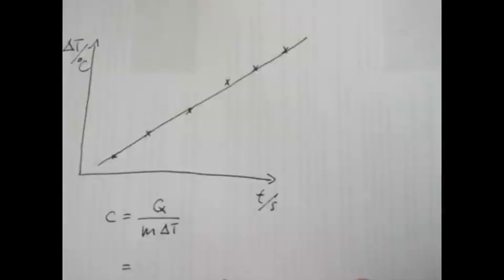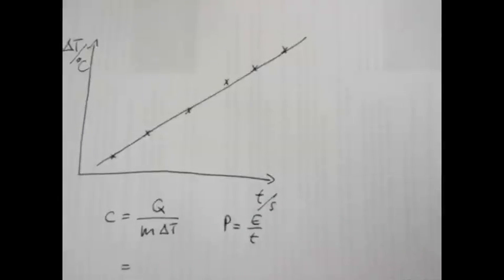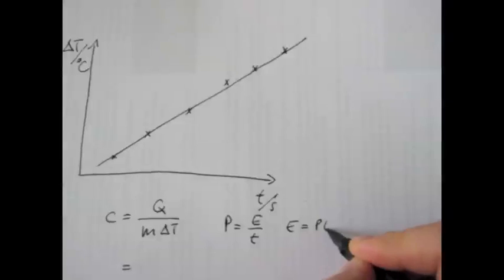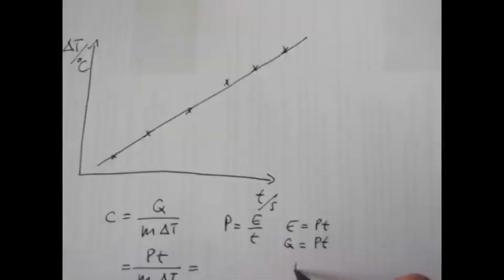Q is the energy. As we learned last year, the power is equal to energy over time. So I can therefore say that the energy is power times time. That applies here as well. So Q is also equal to power times time. Now the power is equal to VI.